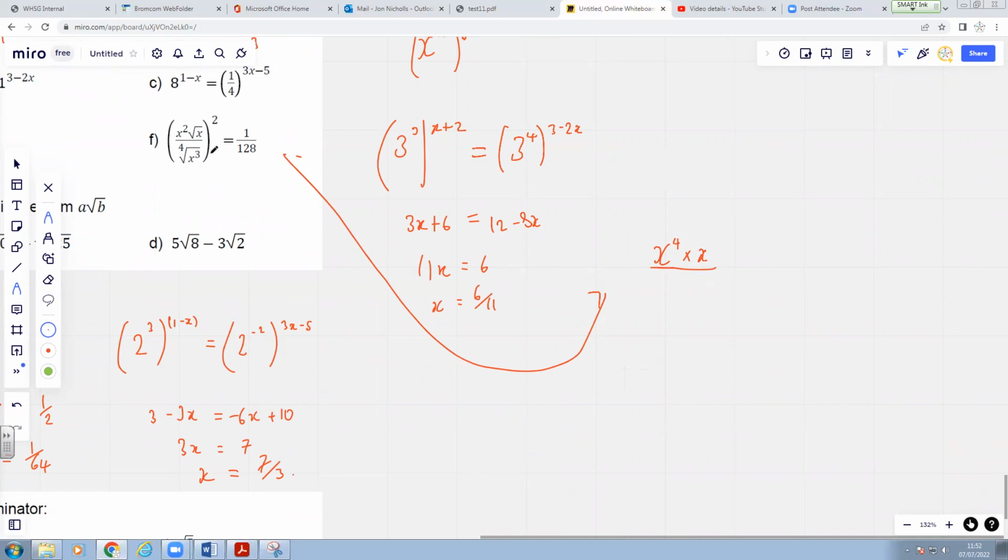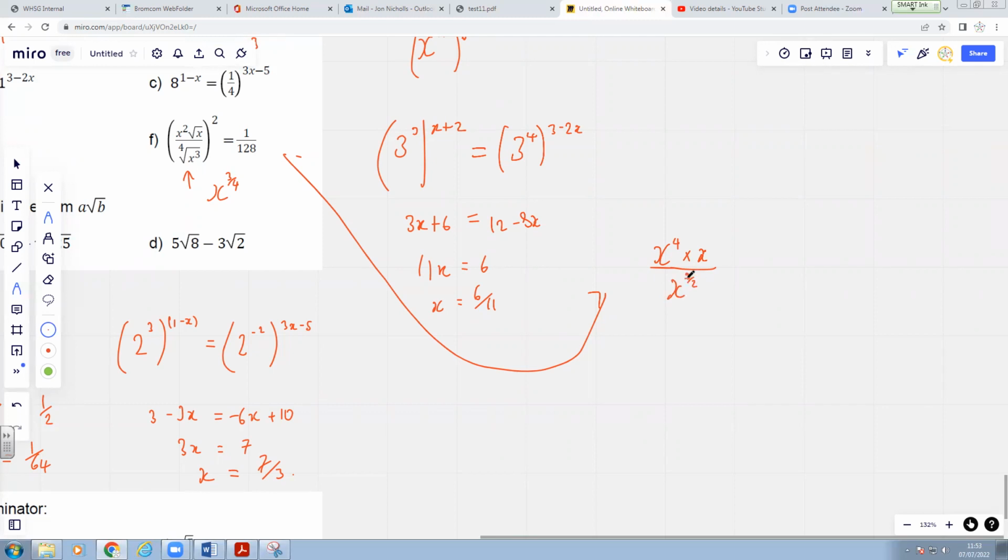And then, now think of this as x to the 3/4, because that's indeed what it is, because you're doing cube and then 4th root. And so it's x cubed to the power of a quarter, and that's x to the power of 3/4. Now, if we apply the rule that you times the power there, you're going to get x to the 3/4 times 2, which is x to the 3/2.